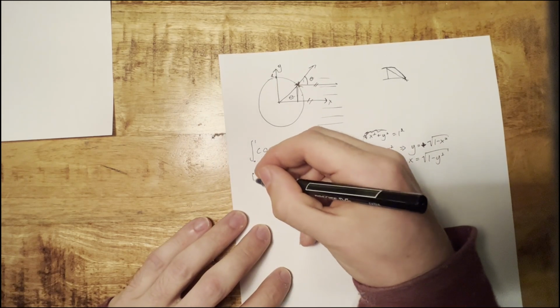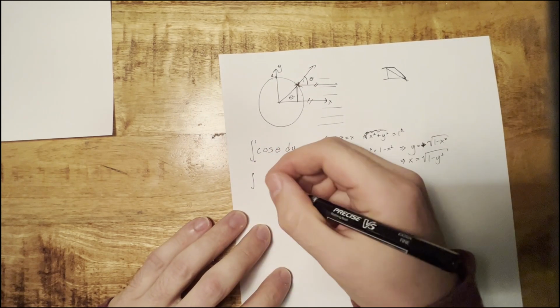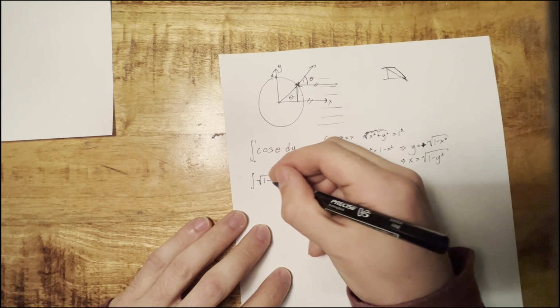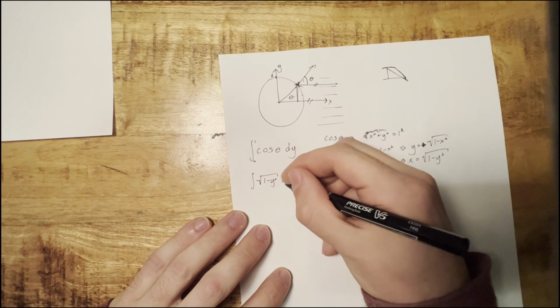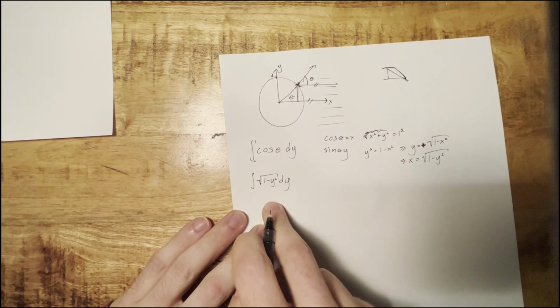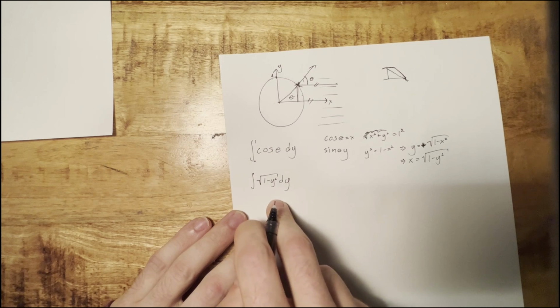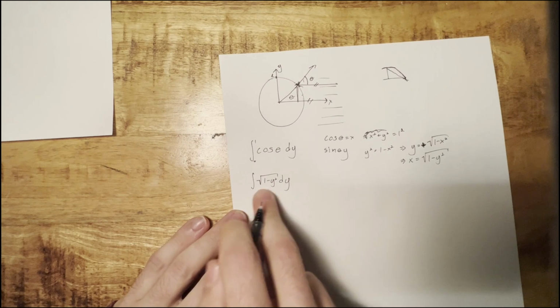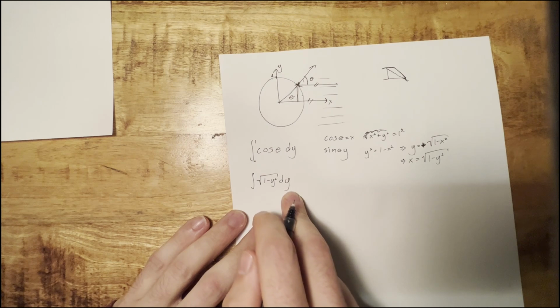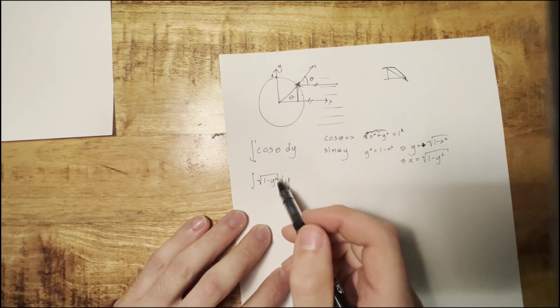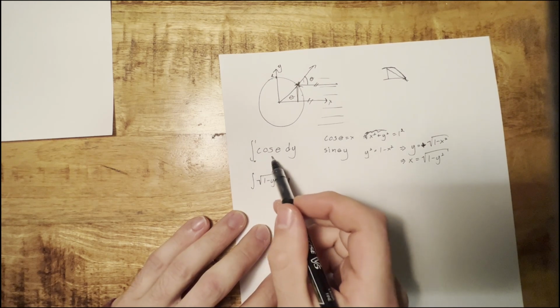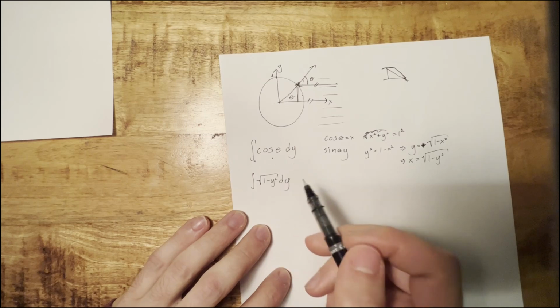So what this is going to give me is the integral of the square root of 1 minus y squared dy. This is pretty famous, actually. If you've done calculus, you've done this integral. And in particular, I can't integrate this directly. This is actually halfway to the form that you'd normally integrate this in.